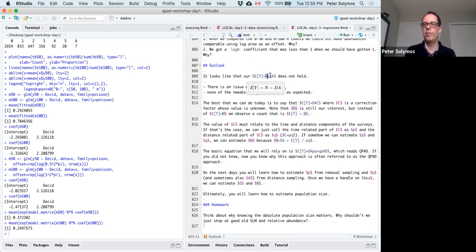Our observation, which is Y, we model its expected value, and that should equal abundance. In reality, what we observe relates to density times area, but there's also this unknown C factor that we need to estimate. Once we can estimate that, then we know D times A, and as a result, we can talk about N.